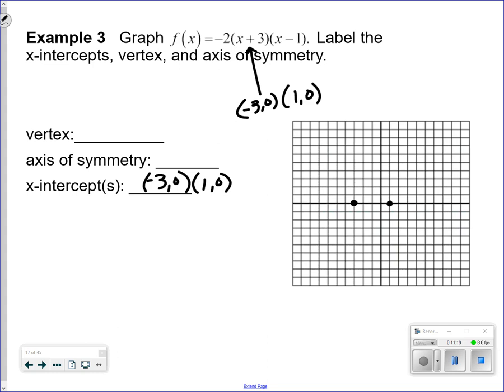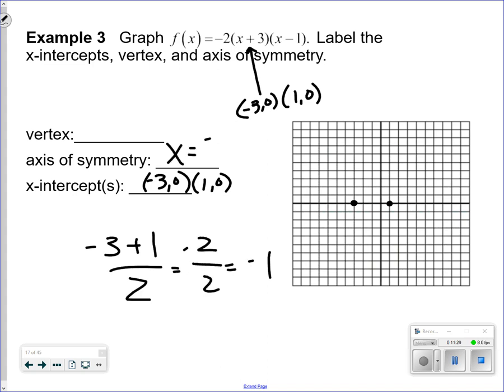Now, what is the halfway point in between? That is where the axis of symmetry lies. So if I add the p and the q and divide by 2, I get x to be negative 1. So there's a line. I'm going to do this in a different color. Okay, right down the middle, that's the axis of symmetry line. This also tells me that the vertex is located somewhere at x equals negative 1.